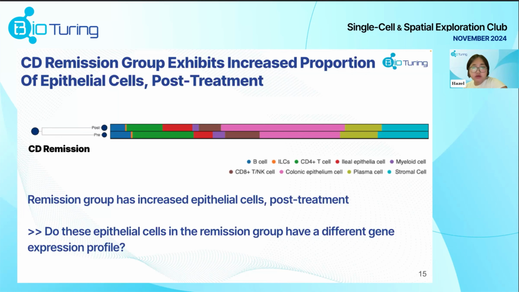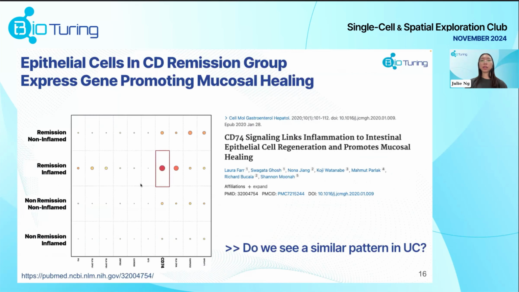Given this observation, I'm curious to know if you investigated whether these epithelial cells in remission patients have a distinct gene expression profile compared to those in the non-remission patients. Yes. Furthermore, I wanted to investigate if there was high expression of any genes within these epithelial cells.